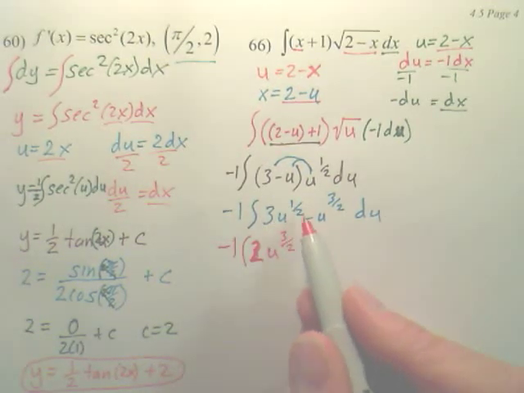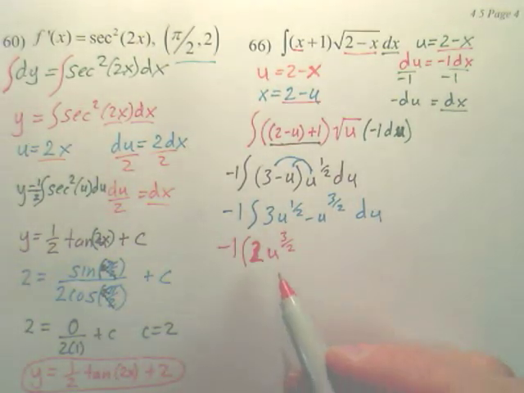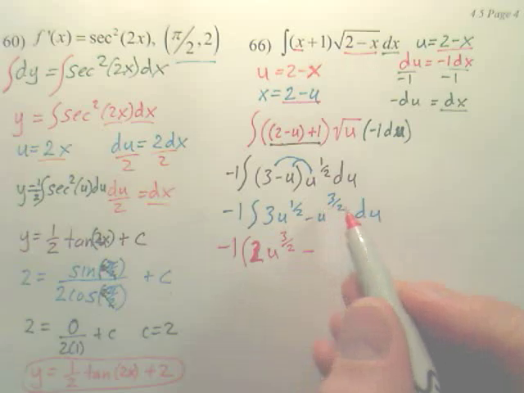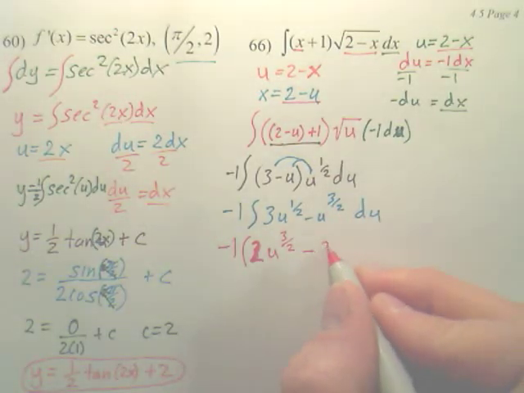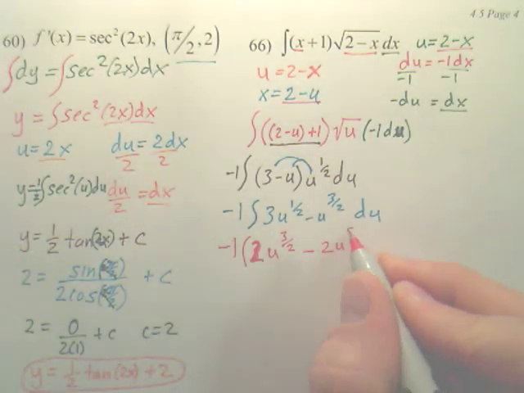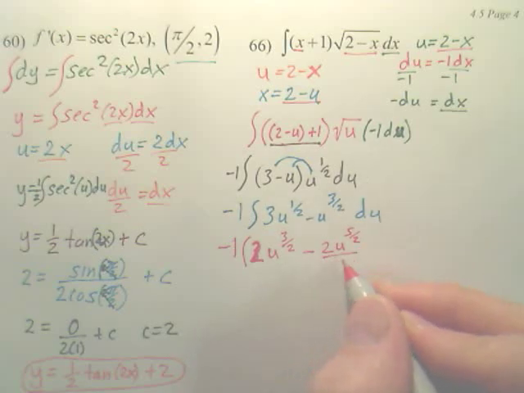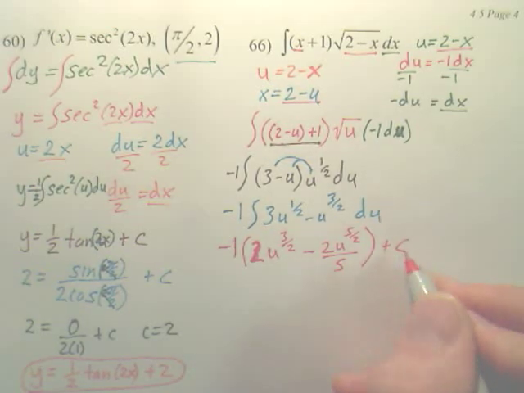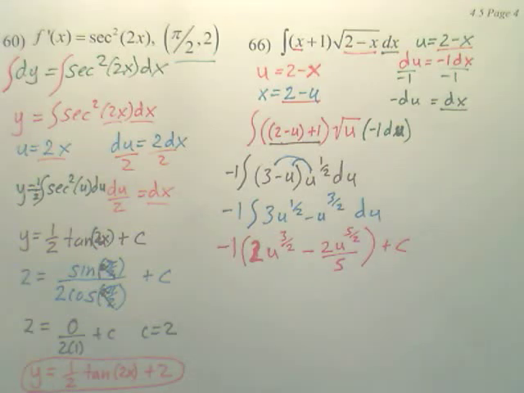Because when you divide, the 3's cancel, leaving the 2 on top. Sorry, I skipped some steps. When you add 1 to 3 over 2, don't you get 5 over 2? Okay?